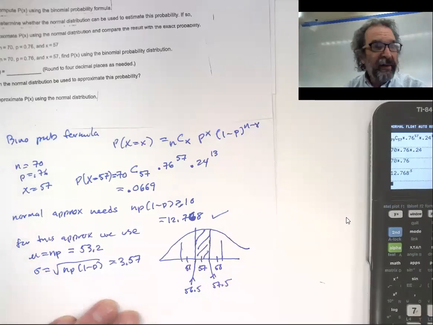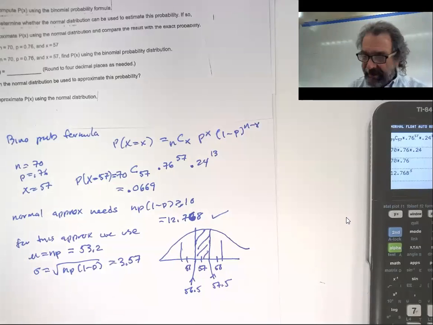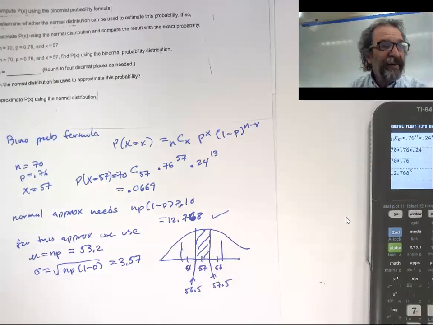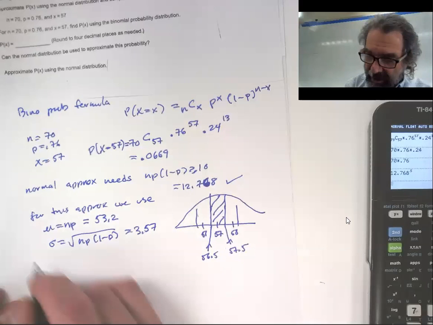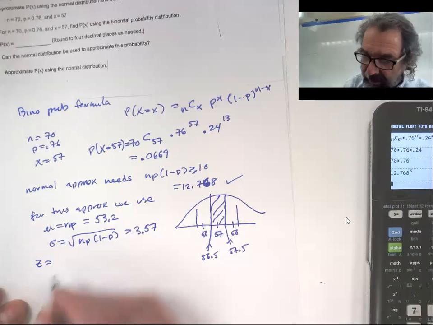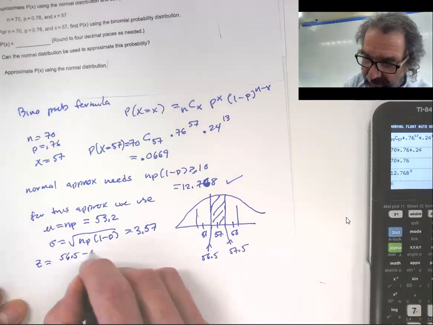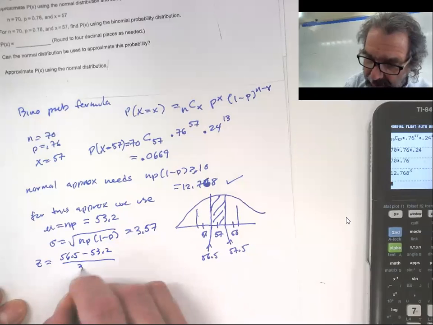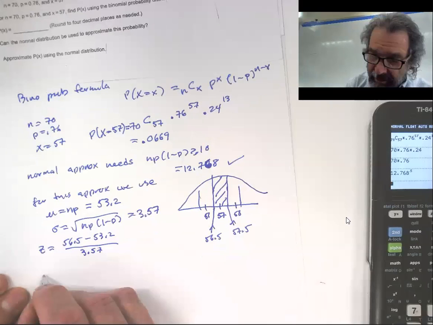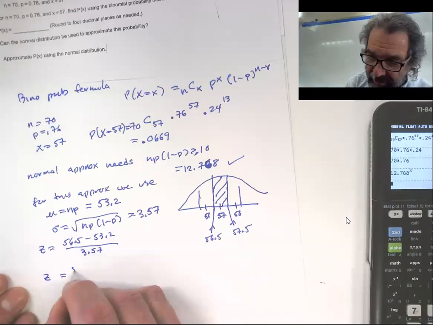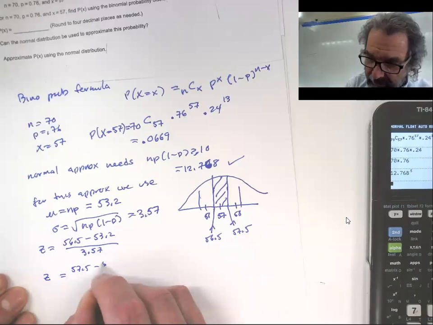So we're going to use those two numbers in a Z formula, and then we're going to subtract the areas to the left, and that'll give the area between. So we compute Z for each of those. For 56.5, it looks like that. And then for 57.5, we get this.